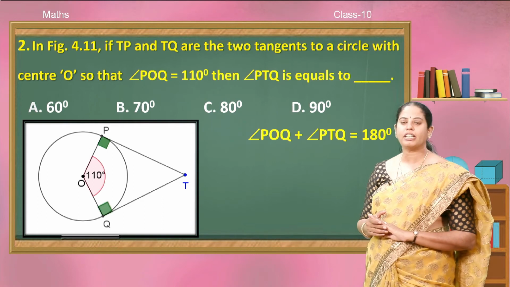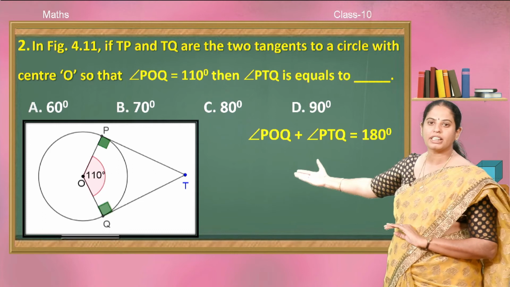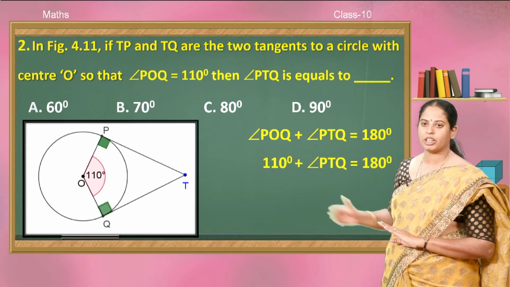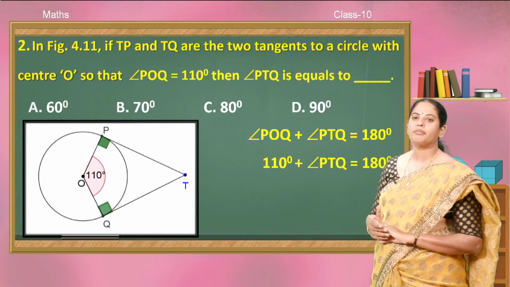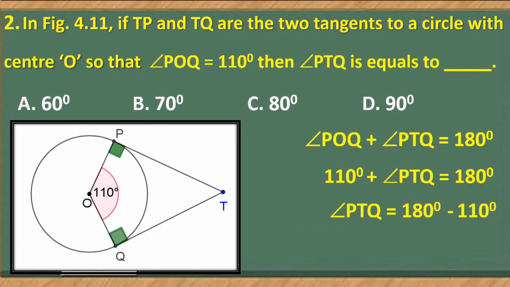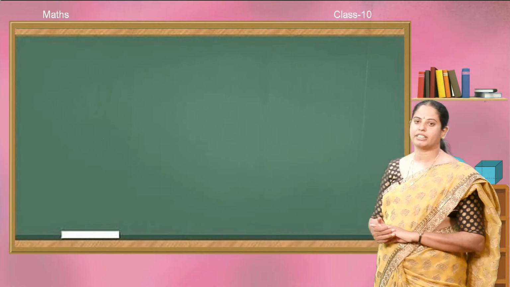But we know angle POQ is 110 degree. So, substitute that in the equation. 110 degree plus angle PTQ is 180 degree. Angle PTQ equals, if you transfer 110 to this side, 180 minus 110, that is angle PTQ equals 70 degree. Option B is the right answer, children.